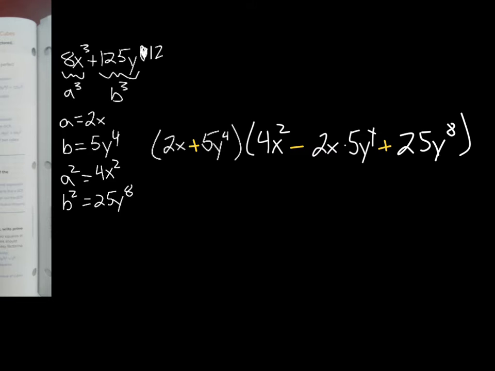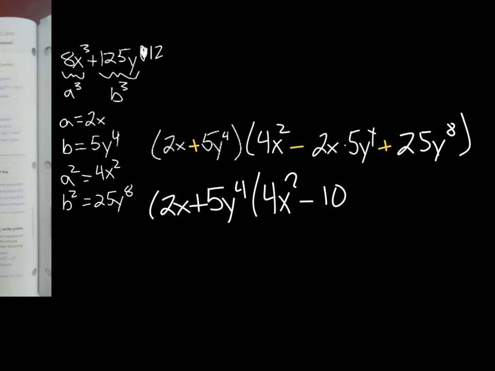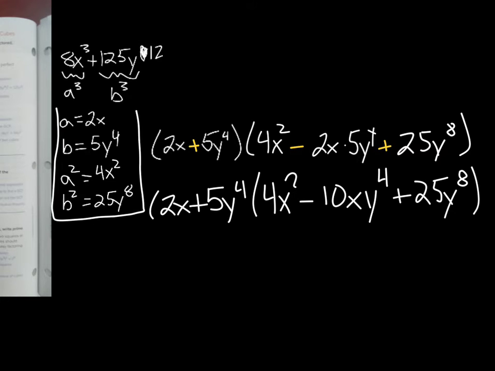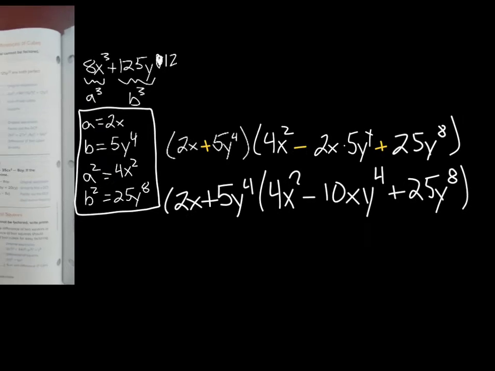Okay, and then the final answer here, to simplify it, is 10xy to the 4th, and then everything else is basically the same. I like to write this part out because that has all the information I need, and then I just have the formula memorized.